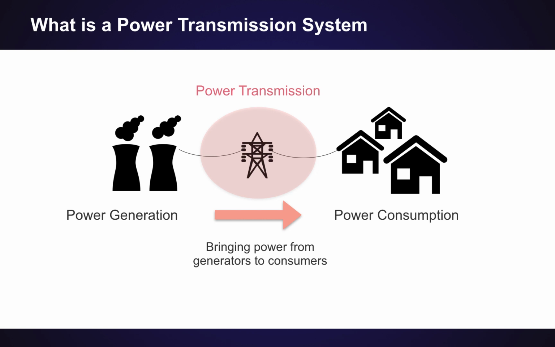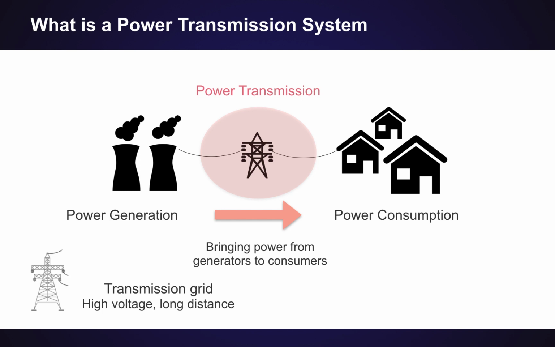One thing that is important to be aware of when you look at transmission systems is that there are different pieces to the system. For example, we have the transmission grid, which is high-voltage, long-distance transmission of power. You might have seen these towers around you. On the other hand, we have the distribution grid, which typically has lower voltage and only transmits power over shorter distances.